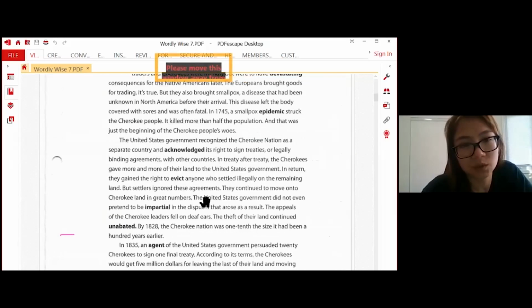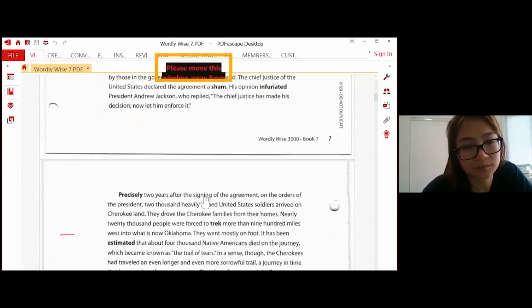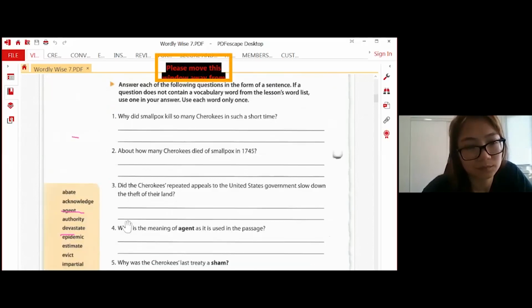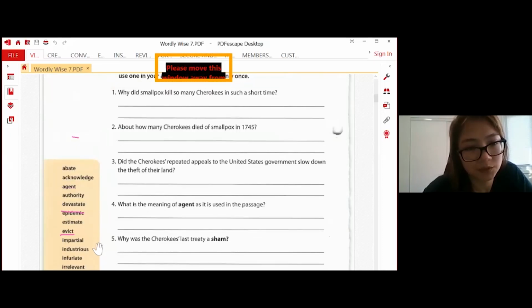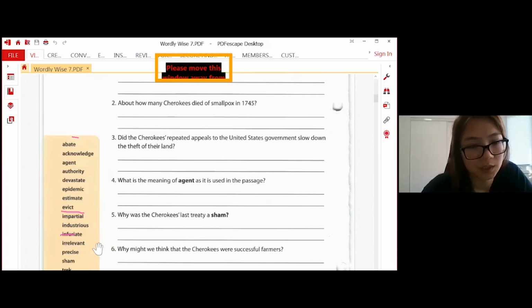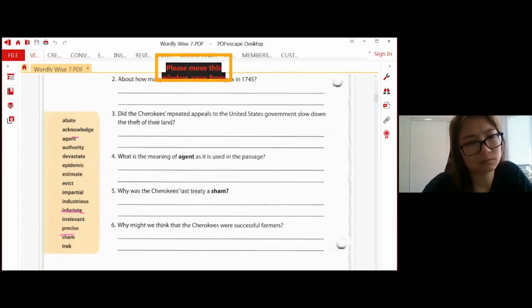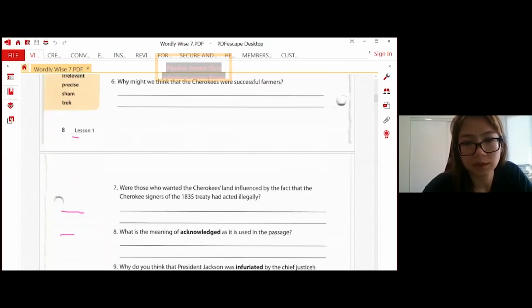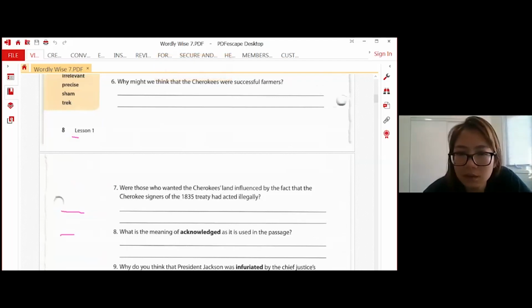So let's look at the word bank. College, authority, epidemic, estimate, evict, partial, industrious, infuriate, rather, precise. Were they influenced? Were those who wanted the land influenced by the fact that the signers acted illegally?